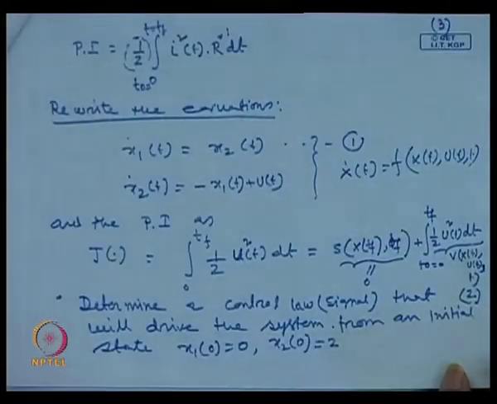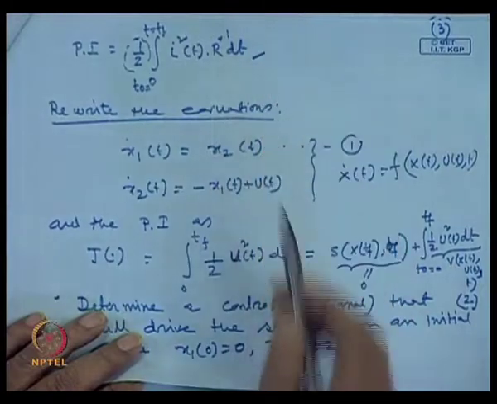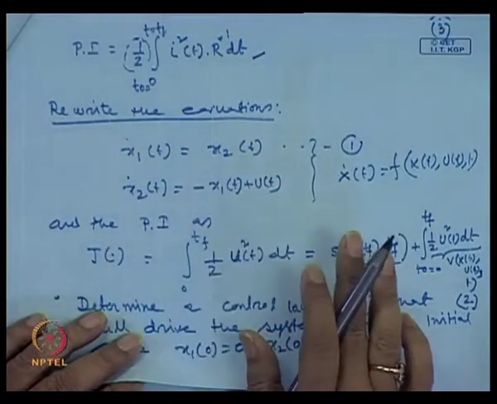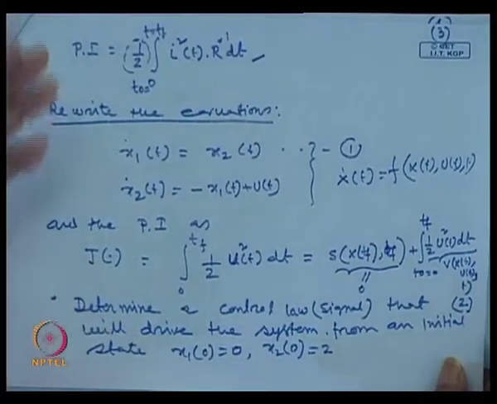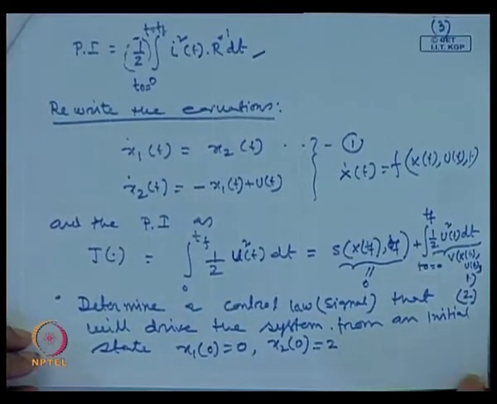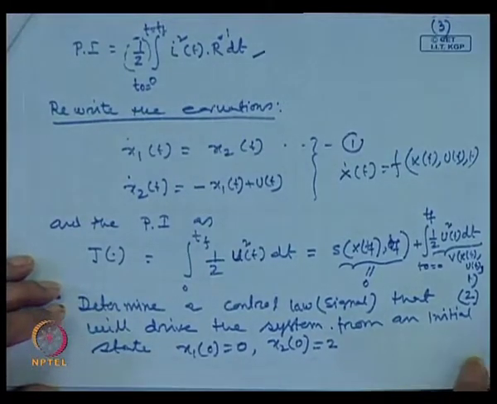Our problem is to minimize this performance index. We are solving this constrained optimization problem by converting it into an unconstrained optimization problem, and instead of the Lagrangian function we are using the Hamiltonian function.